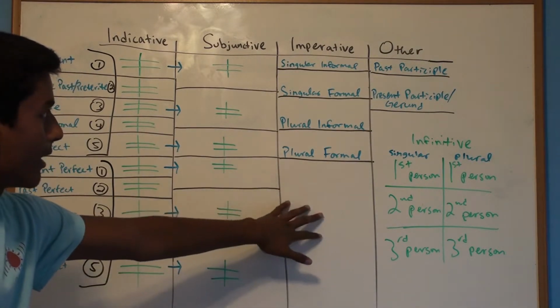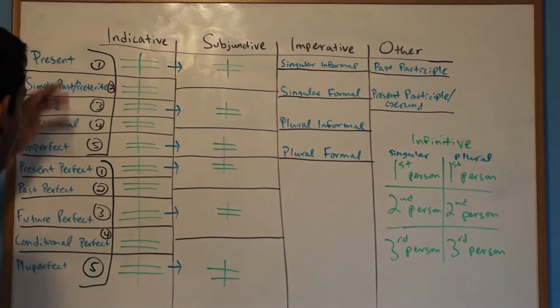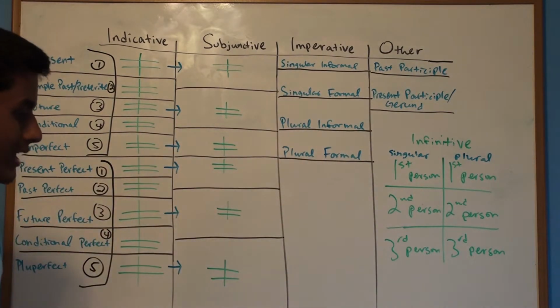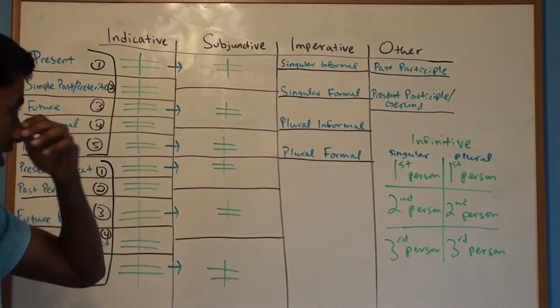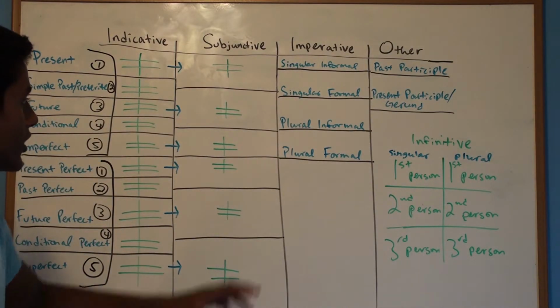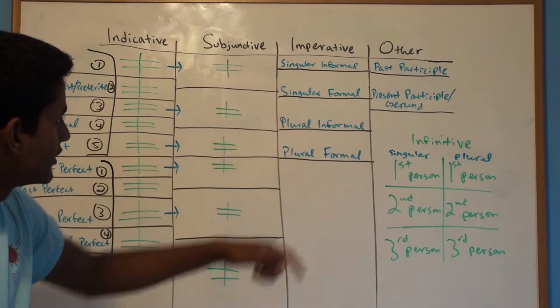So that's the imperative mood. Notice it doesn't follow all these tenses. It only has 4 forms. French has less. French does not differentiate between the plural formal and plural informal. So it only has 3. Oh, so no, sorry. It actually doesn't differentiate between these 3.